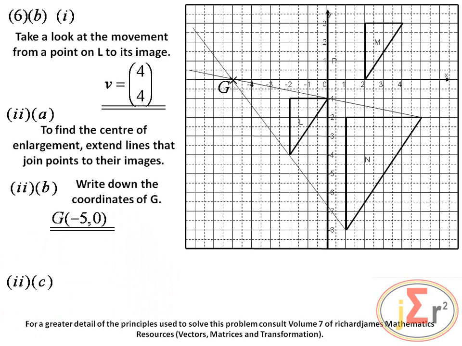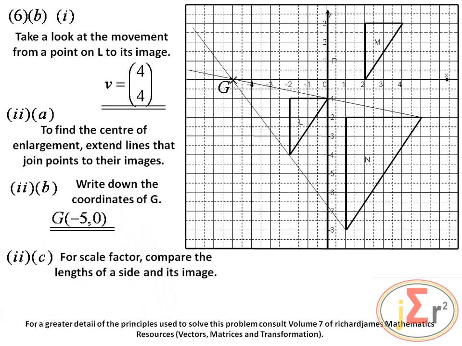And the scale factor, we need to determine the scale factor of the enlargement. So compare the length of a side and its image. So we have this side, 1, 2, 3. So the original is 3 units.